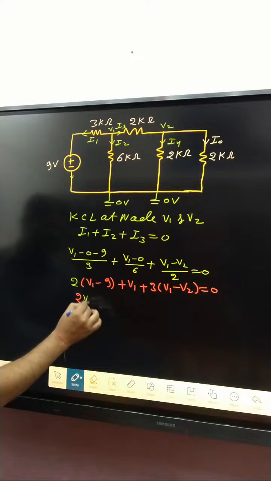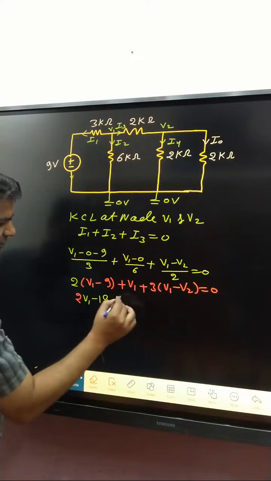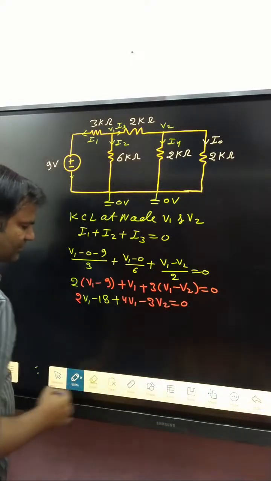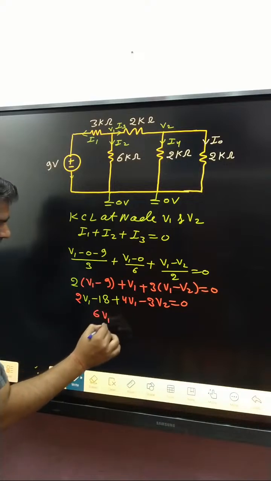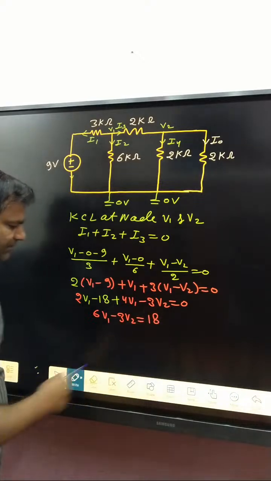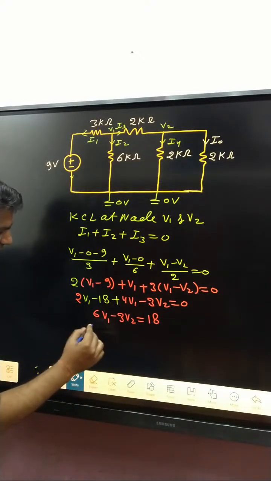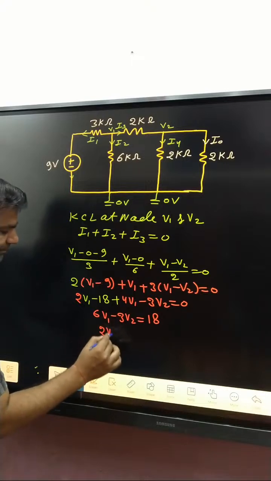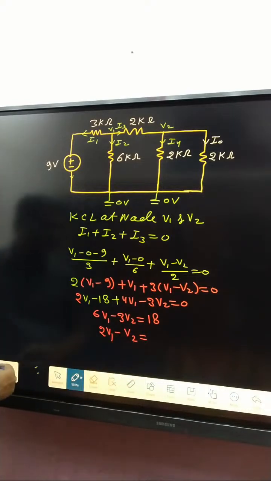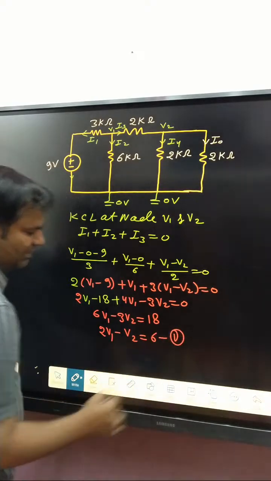So 2V1 minus 18 plus V1 plus 3V1 minus 3V2 equals 0, so 6V1 minus 3V2 equals 18. Now dividing by 3, we get 2V1 minus V2 equals 6. That is equation number 1.